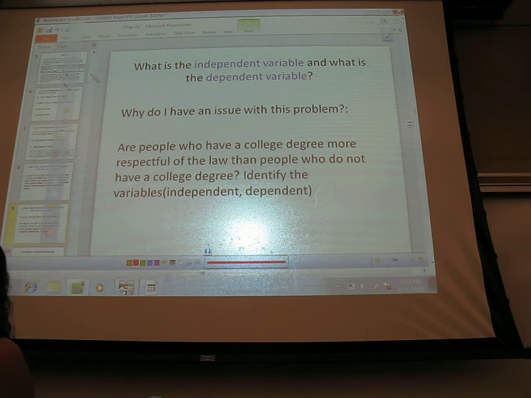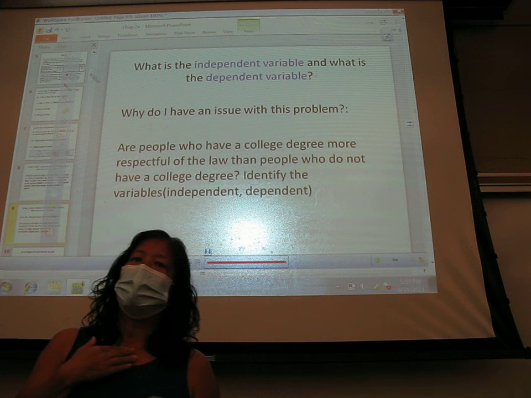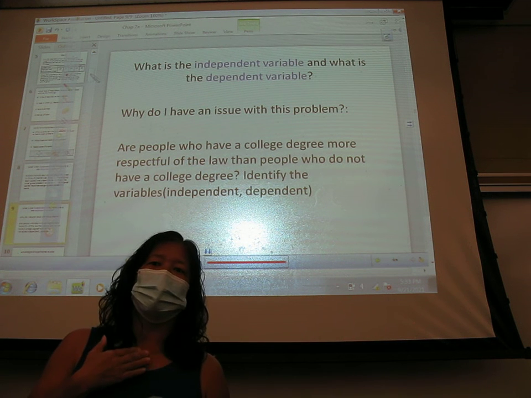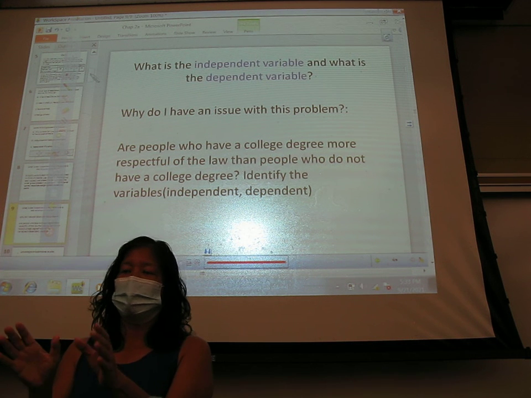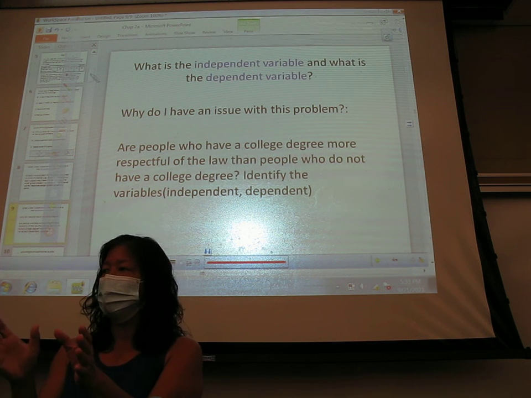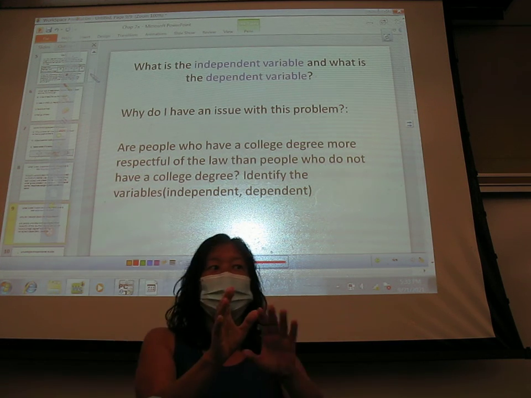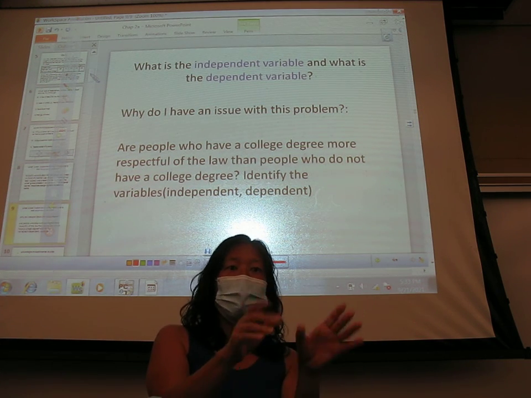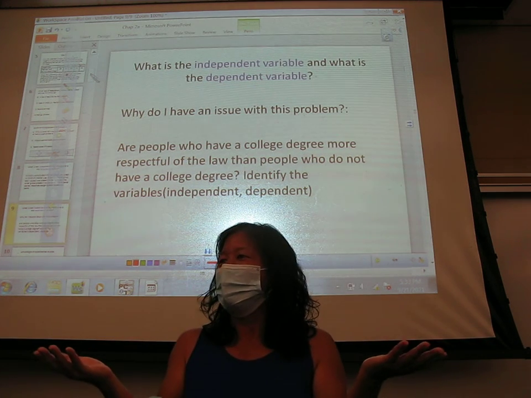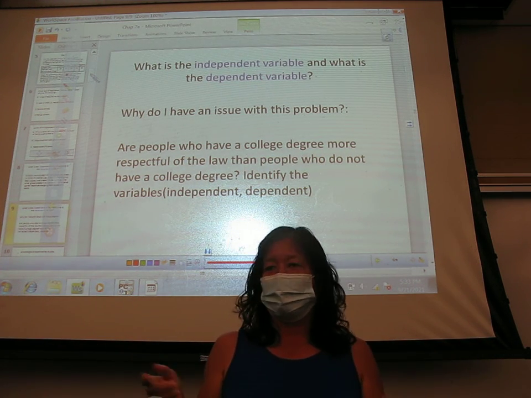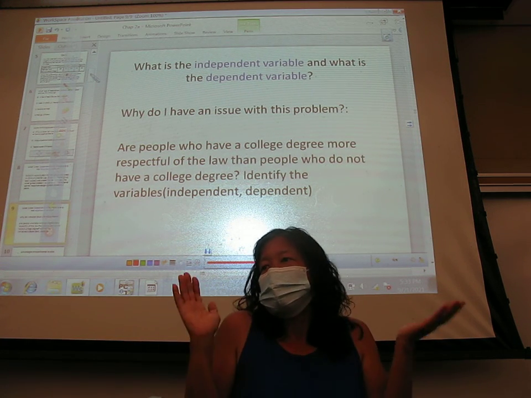You can't say, well, I'm a drug company and I'm trying to prove that my vaccine against COVID works, so all you guys who stay in your rooms and don't interact with other people, I'm going to put you in my drug group. And all you people who are out there partying every night and drinking in bars without masks, I'm going to put you in the other group. You can't do that. You can't arbitrarily put people in groups. You have to randomly pick people and randomly put them into groups.